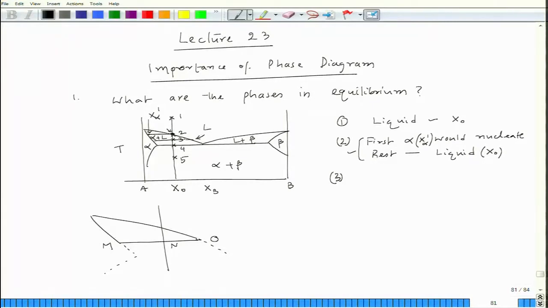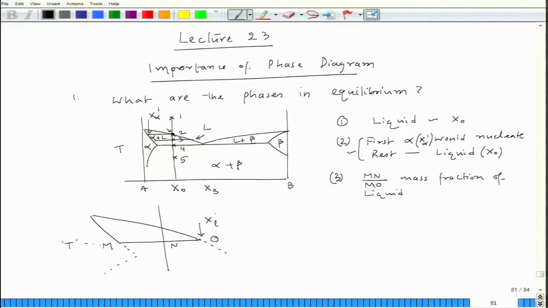Now, if I come to point 3 and draw a horizontal line with reference to AB, that means the composition axis, at that temperature I would get MN divided by MO mass fraction of liquid of composition, this would be my liquid composition, x liquid.